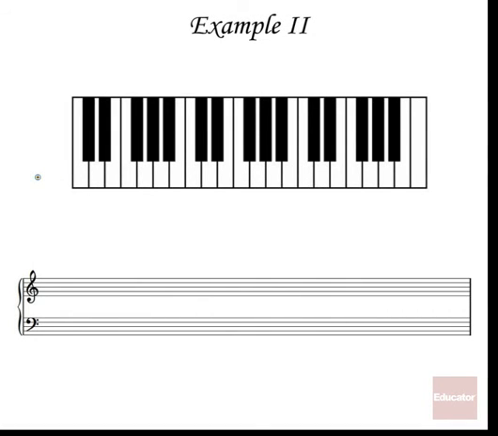Okay, for the second example, let's do an example in minor. So let's say we're asked for the key signature of D minor. I mentioned earlier that you need to use the natural minor pattern to find minor key signatures.